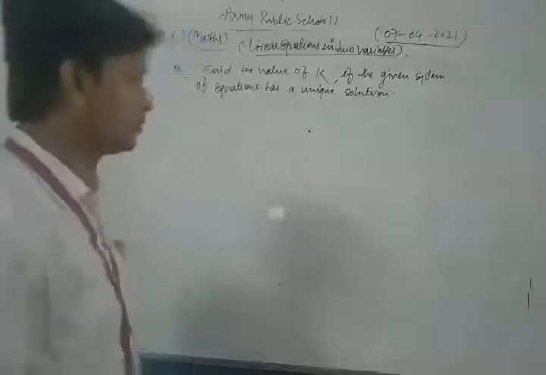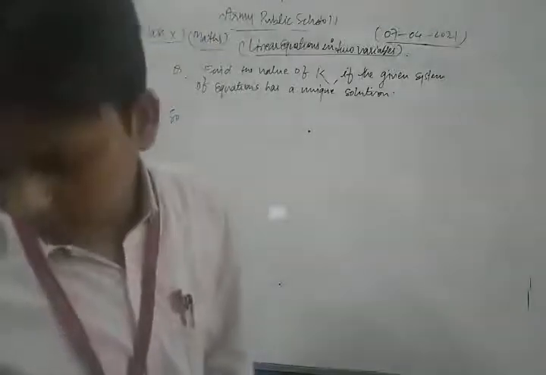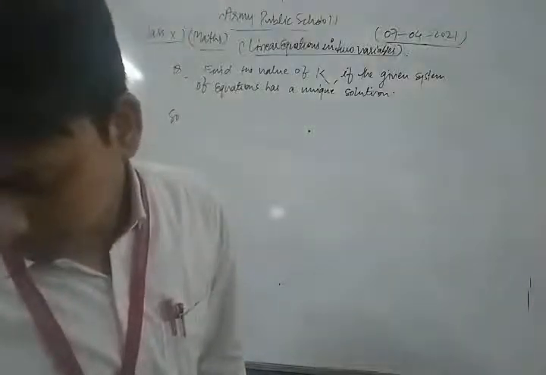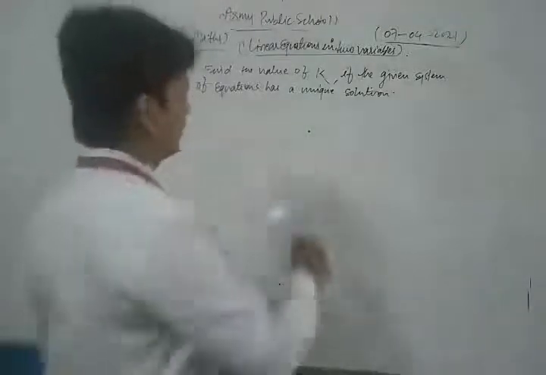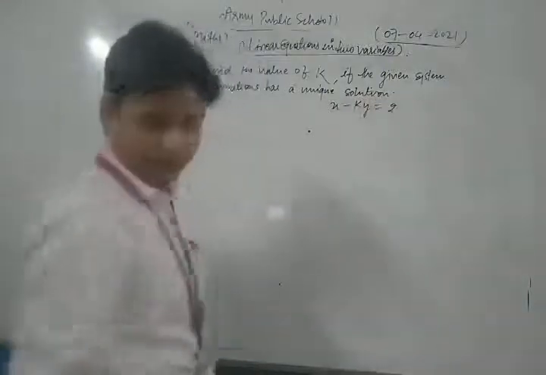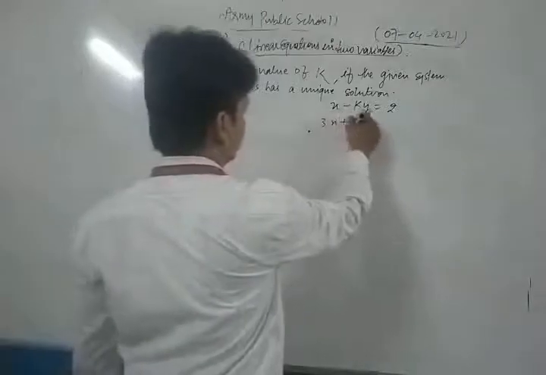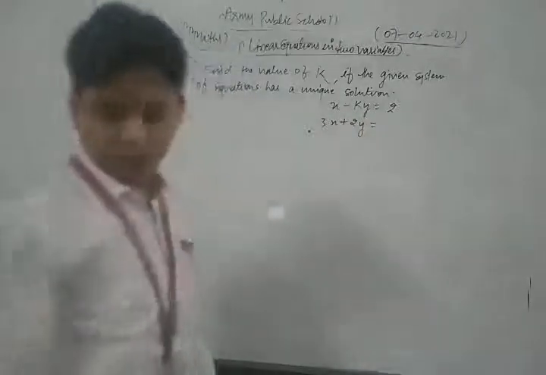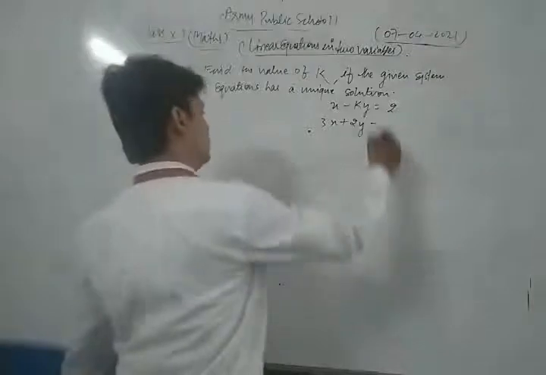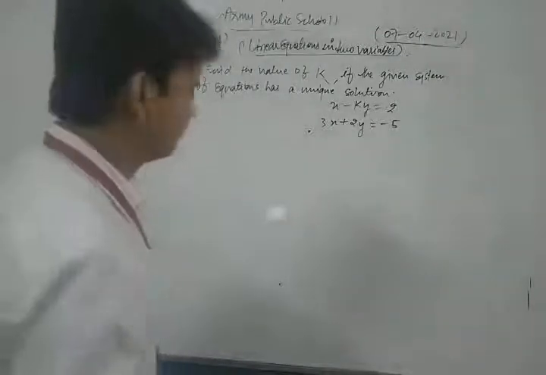Let's see its solution. What is the process to solve it? Your equations are kx minus ky is equal to 2, and the second one, 3x plus 2y is equal to minus 5.